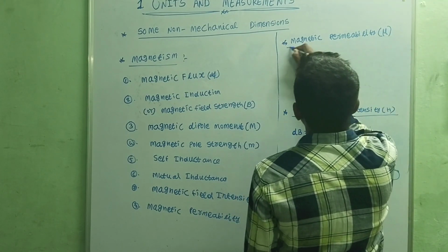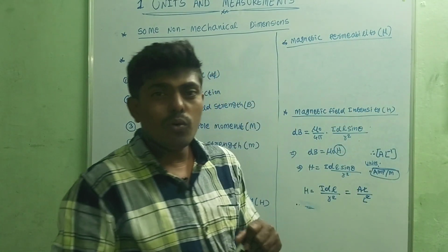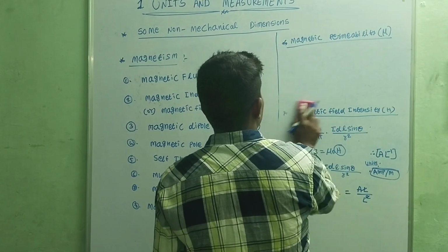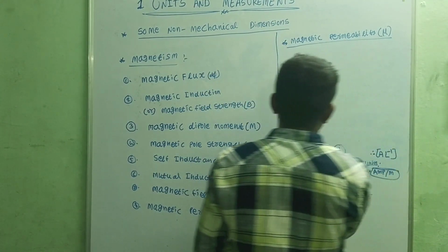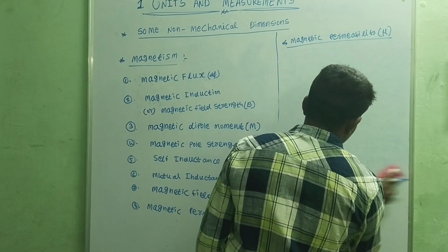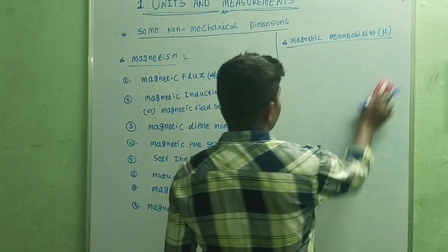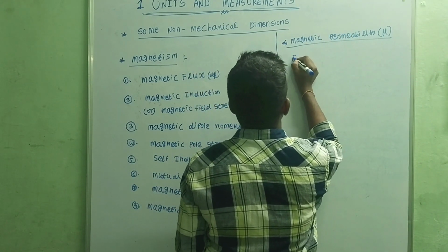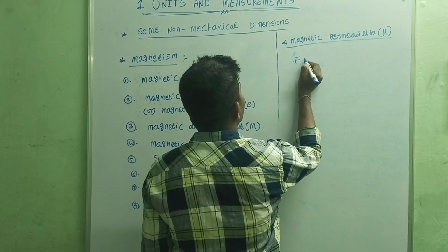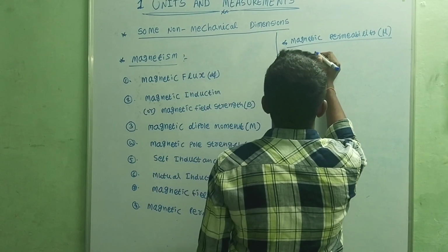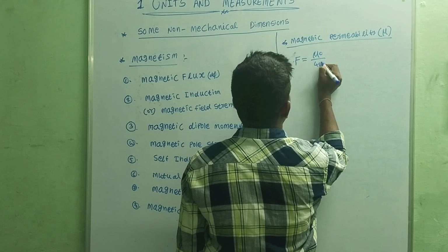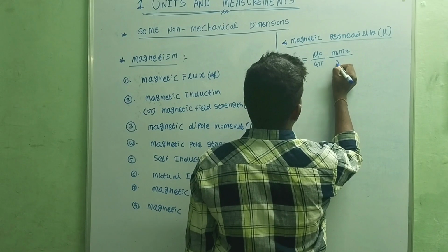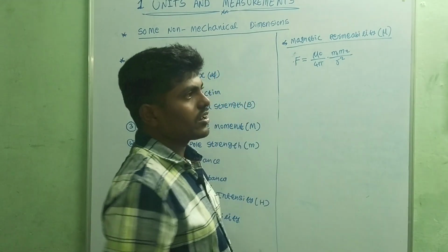According to Coulomb's law in magnetism, F equals mu naught by 4 pi m1 m2 by r square.